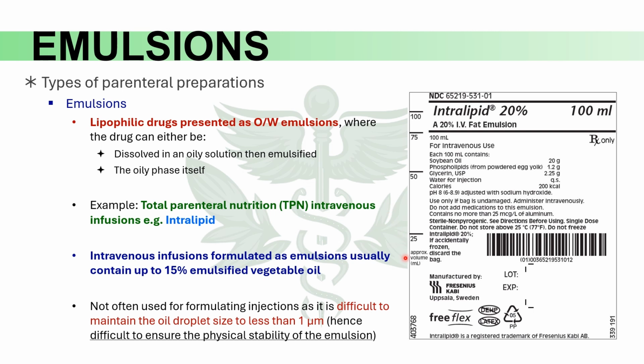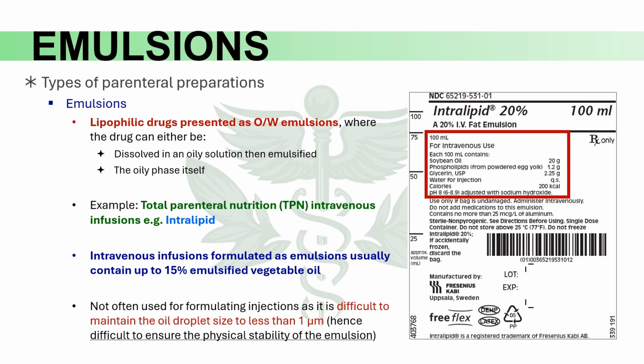These emulsions usually contain up to 15% of emulsified vegetable oil. If we take a look at the components of intralipid, we can see that the majority of the emulsion is composed of the vegetable oil, in this case, soybean oil. The emulsifiers are phospholipids, which are added to keep the emulsion stable, and the external phase is the water for injection.